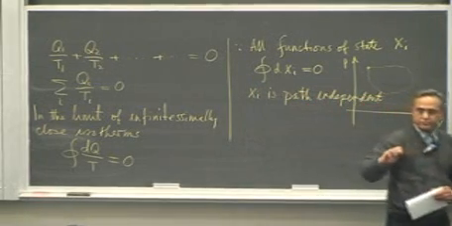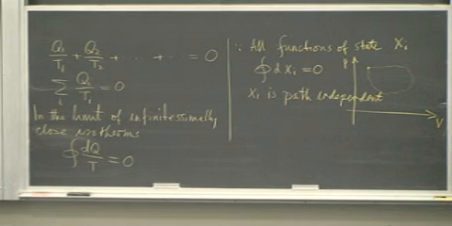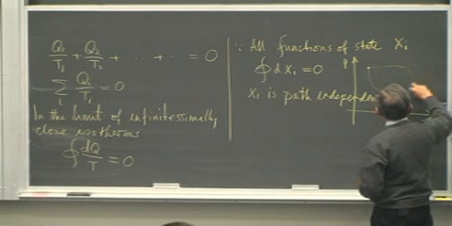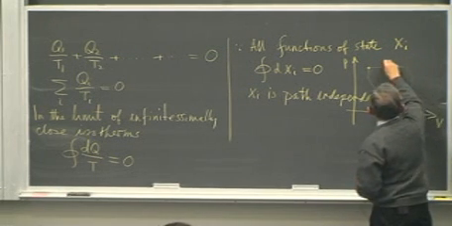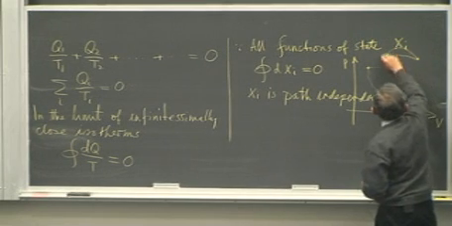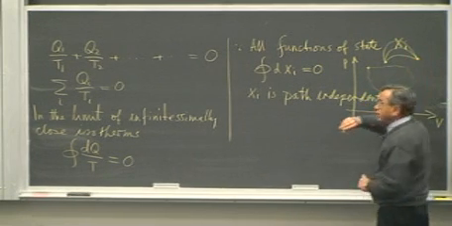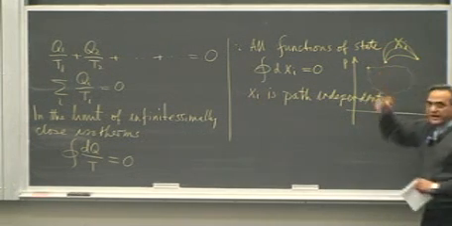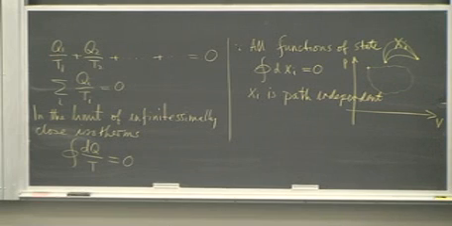Okay? I thought I should remind you of this. This is path independent because if you want to go from this point to this point, you can choose this path or whatever path. The difference between them is given by that difference that you have.